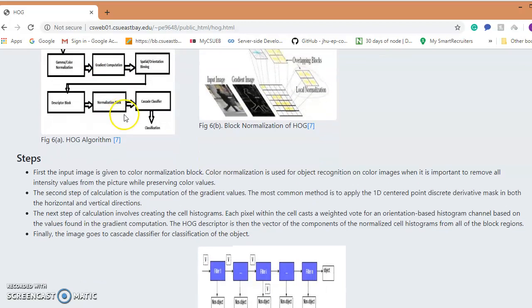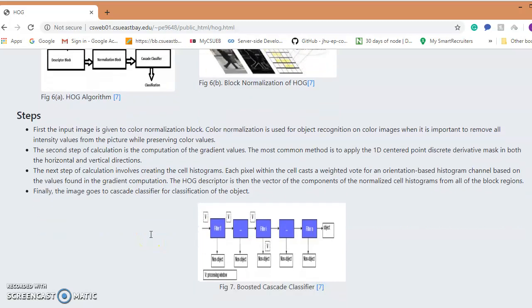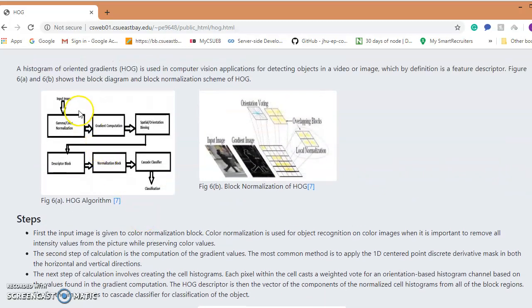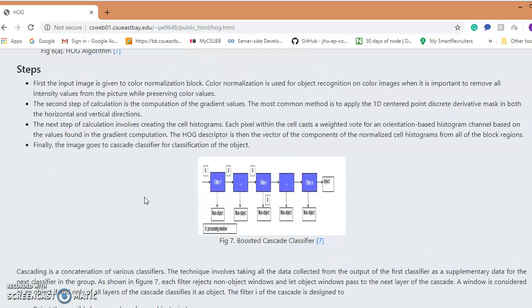The next step is creating cell histograms, and finally the image goes to the cascade classifier for classification of the object. So this is the block diagram and these are the steps that our algorithm follows, and finally the output of this HOG algorithm is given to the cascade classifier.